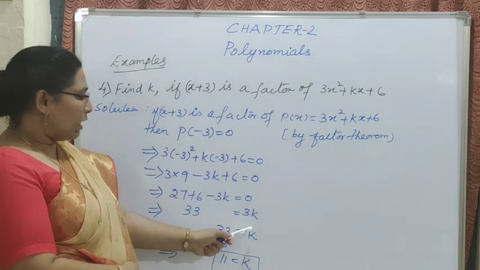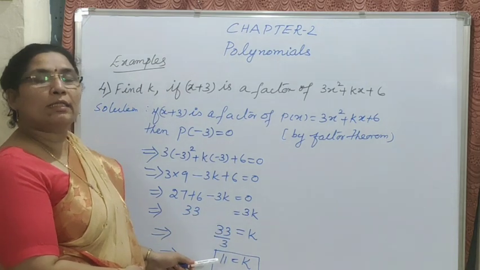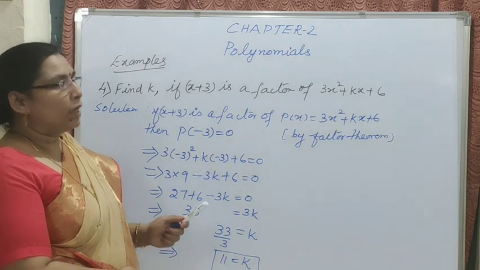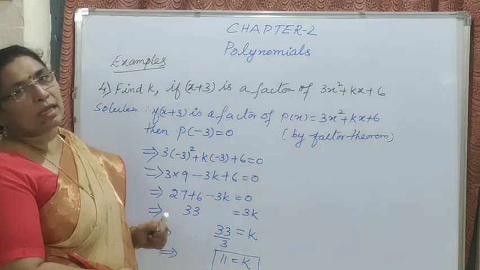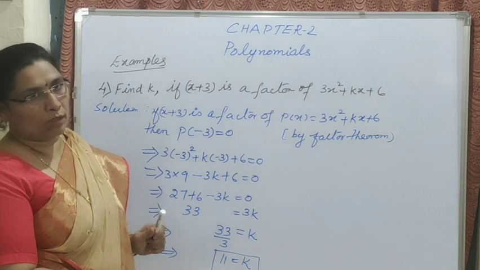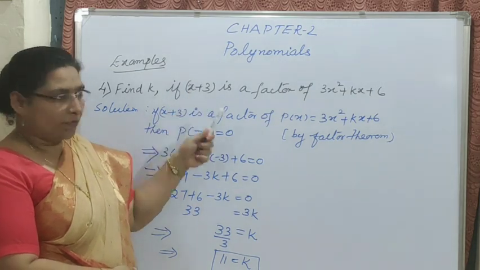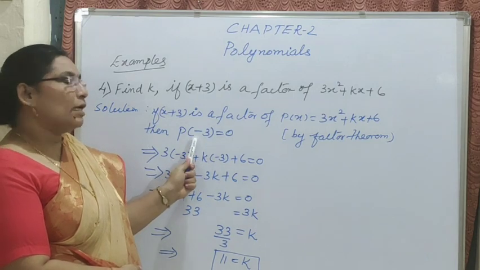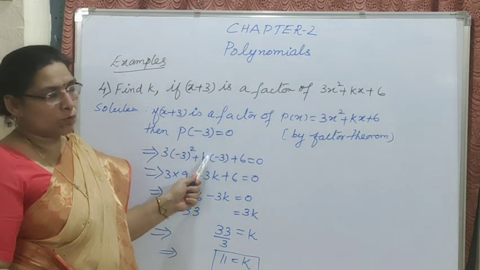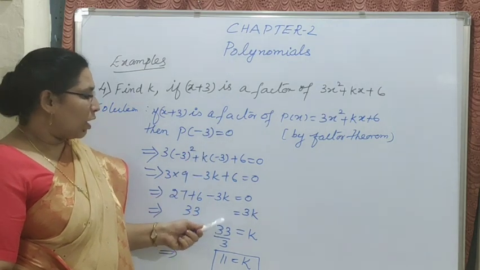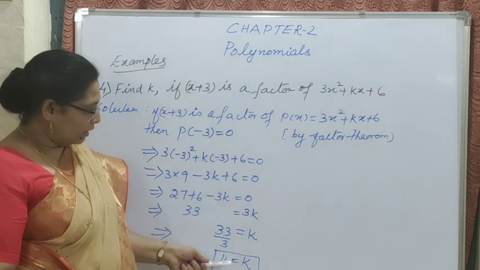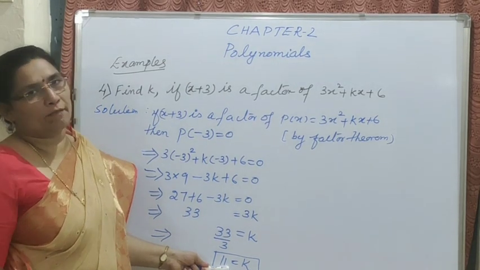That means k equal to 33 by 3 and k equal to 11. So the answer is k equal to 11 we have got. So the question is given, it is already a factor. So the factor theorem rule we have written, that is p of minus 3 equal to 0. Then applying the rule, applying the values and expanding, then we will get k equal to 11.